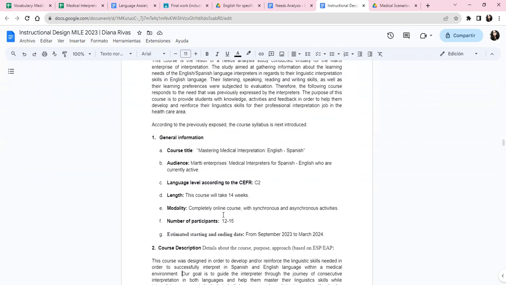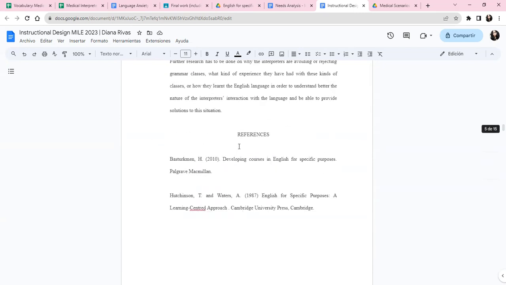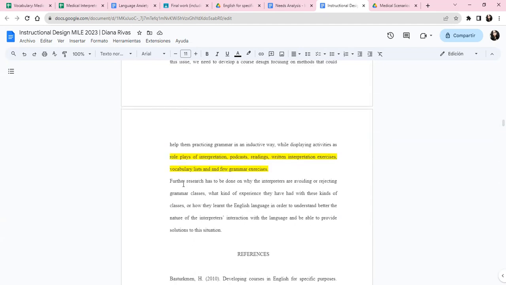It was important to mention that when we carried out this needs analysis, we noticed that our future students, the interpreters, were interested in improving their grammar in English language, but they were not interested at all in grammar classes, which means that they are avoiding them.